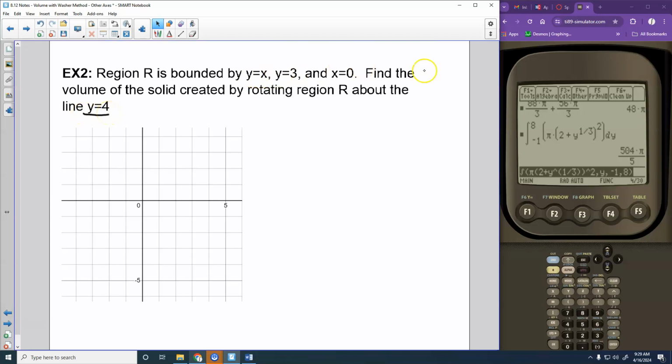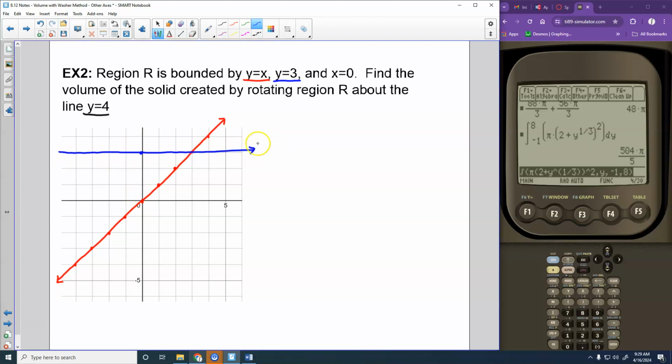So let's graph what we've got here. We've got y equals x, which is just our line that cuts the first and third quadrants in half. We've got y equals 3, which is going to be a horizontal line at 3. And we've got x equals 0, which is our y-axis.